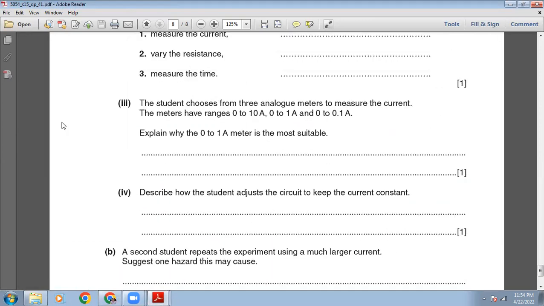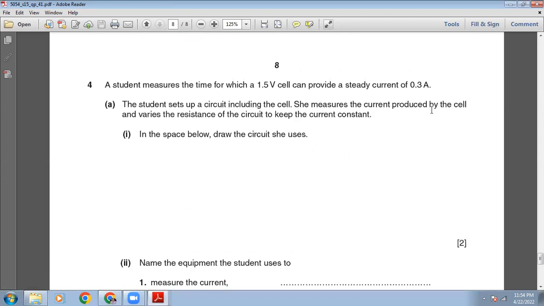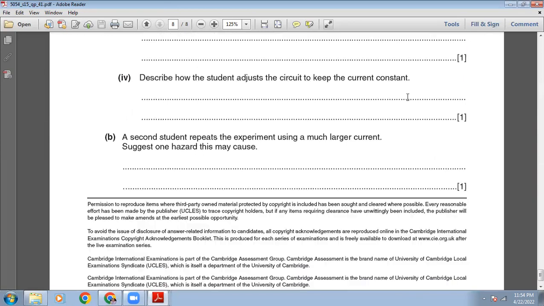The student chooses from 3 analog meters to measure the current. The meters have a range from 0 to 10 ampere, 0 to 1 ampere, and 0 to 0.1 ampere. Explain why the 0 to 1 ampere meter is most suitable. The current in your circuit is 0.3 ampere.